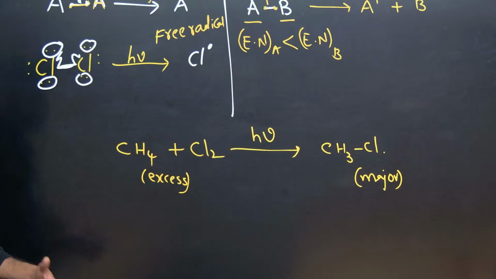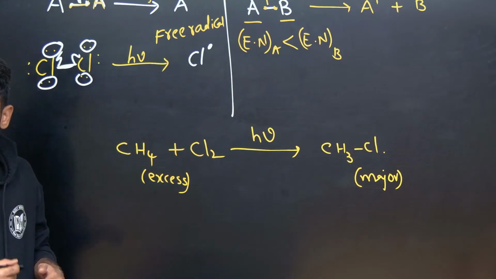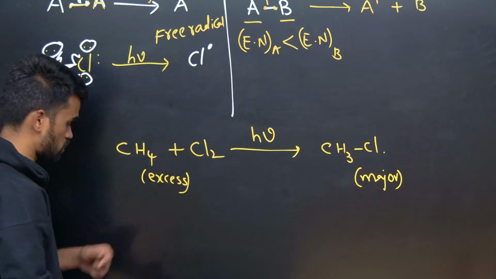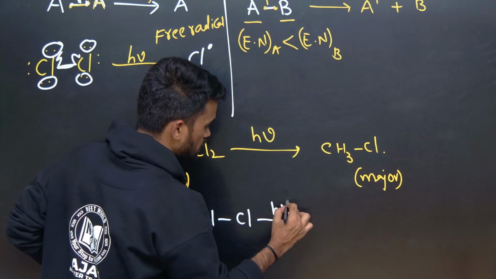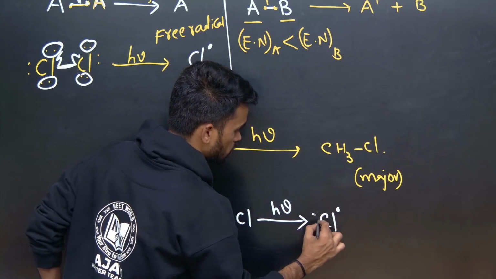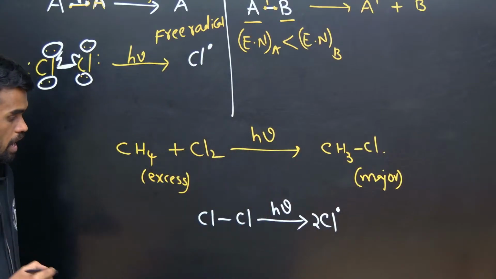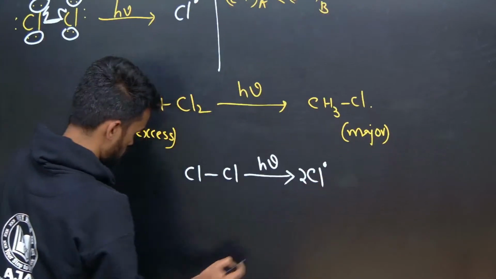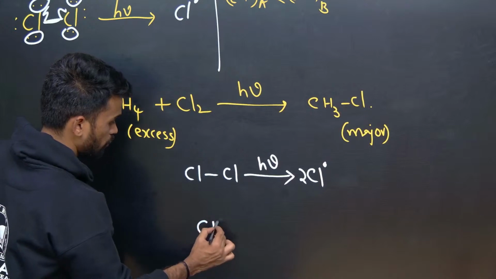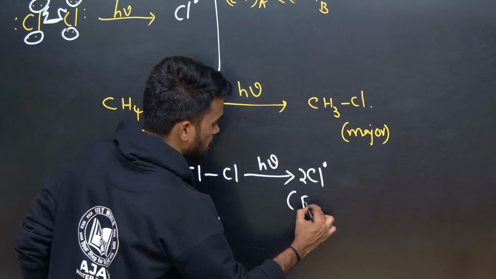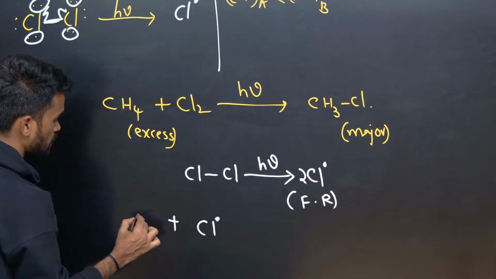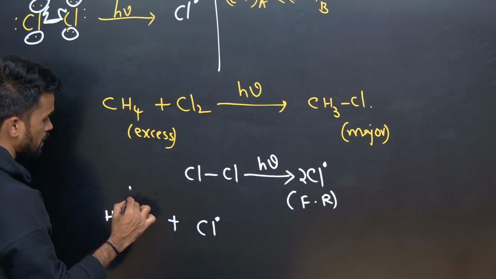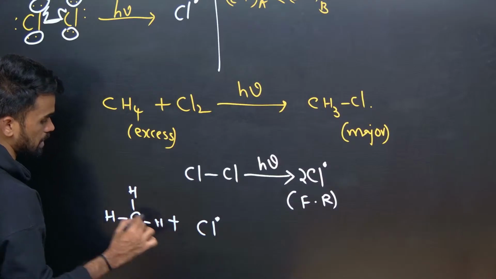Now how does the reaction take place here? First step is homolytic cleavage of the Cl-Cl bond. This gives a chlorine radical, which is very reactive, and it will react with methane. Methane contains 4 hydrogens, tetrahedral geometry, but understand it like this.